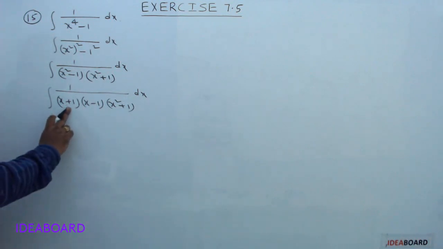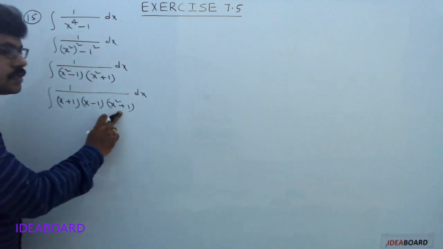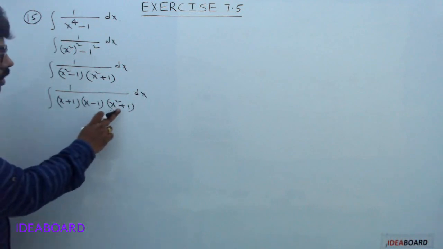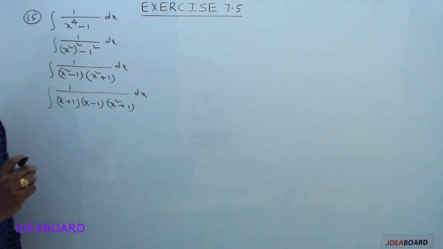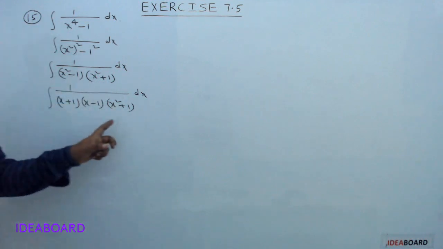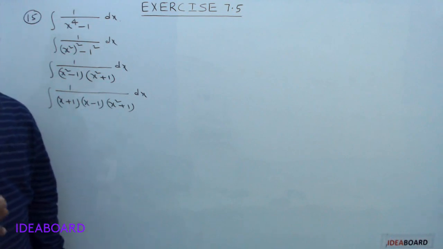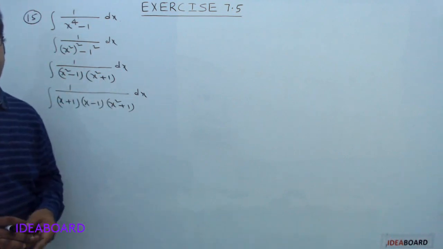It is a non-repeated linear factor, and this is an irreducible quadratic factor, in particular a non-repeated irreducible quadratic factor. So your integrand belongs to type 1 and type 3, a combination of type 1 and type 3.